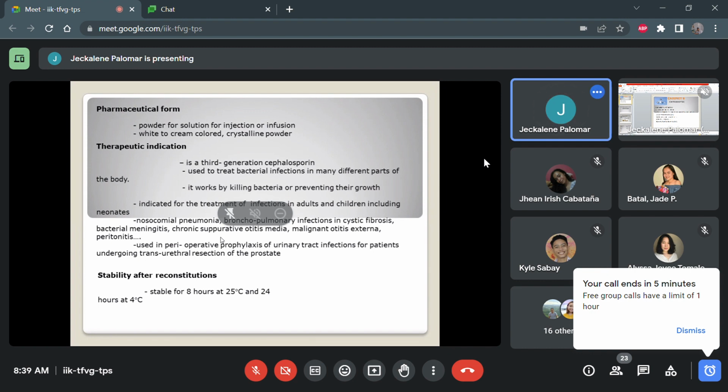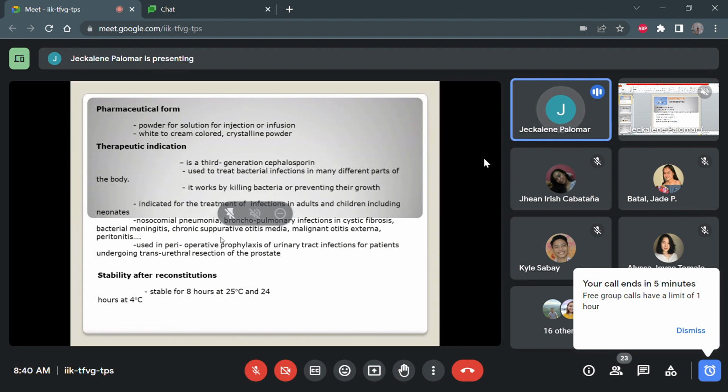So let's proceed. The therapeutic indication is also a third generation cephalosporin. It is also used to treat bacterial infection in many different parts of the body and works by killing bacteria or preventing their growth. Indicated for the treatment of infections in adults and children, including neonates: nosocomial pneumonia, bronchopulmonary infections in cystic fibrosis, bacterial meningitis, chronic suppurative otitis media, malignant otitis externa, peritonitis.